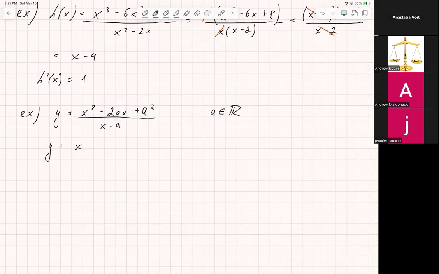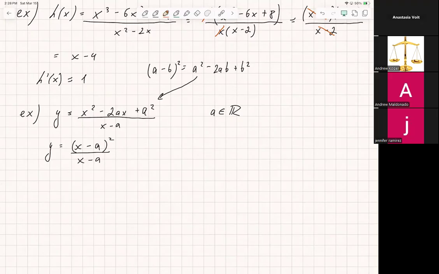Remember the formula that we have for this: a minus b squared equals a squared minus 2ab plus b squared, right? So it looks exactly the same, just with different values. So we have x minus a squared divided by x minus a.